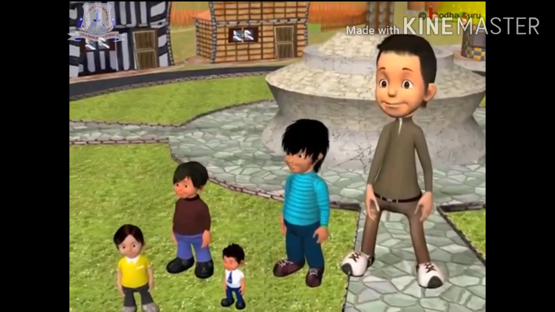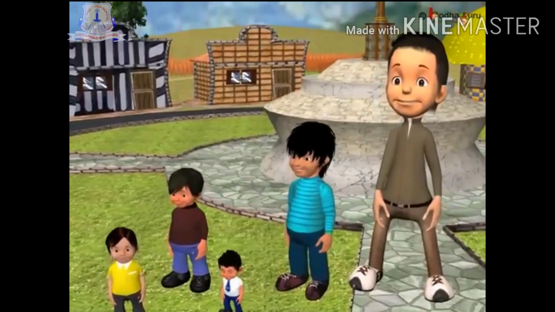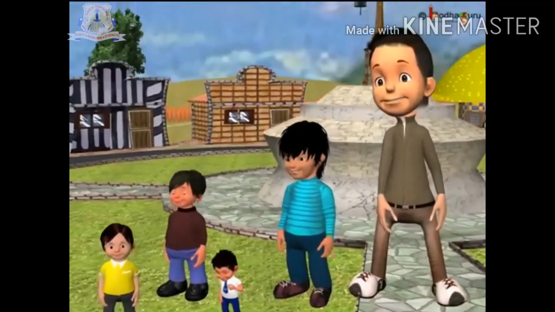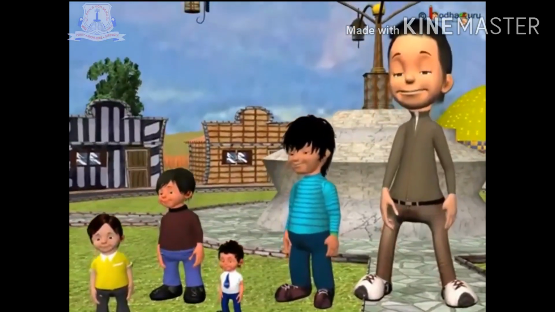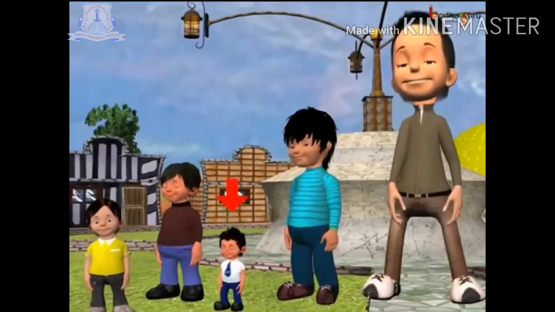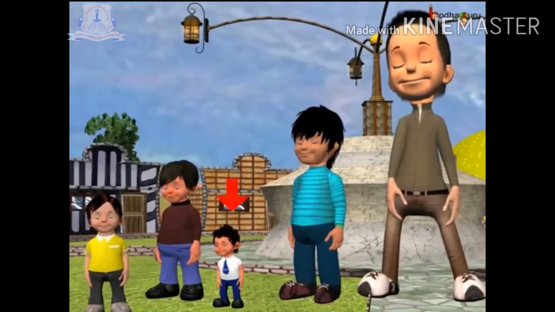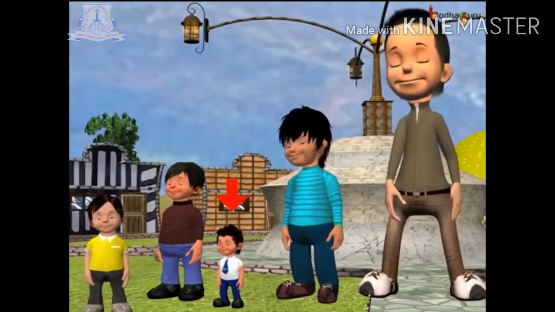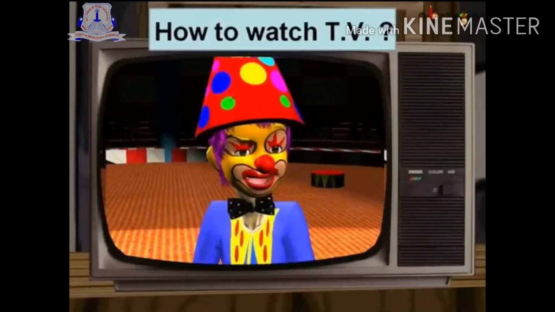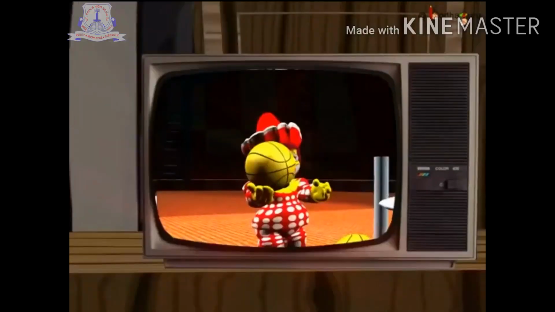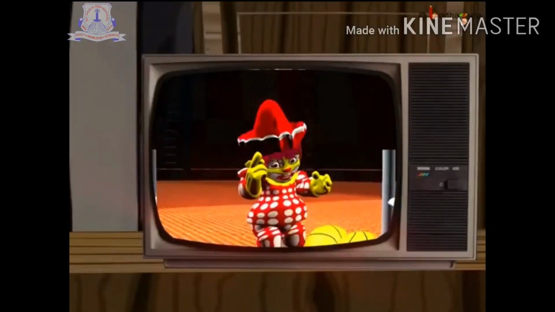It is this boy in the white t-shirt. Now, if they want to watch the TV, standing in the line, one behind the other, how should they stand so that all can watch properly?